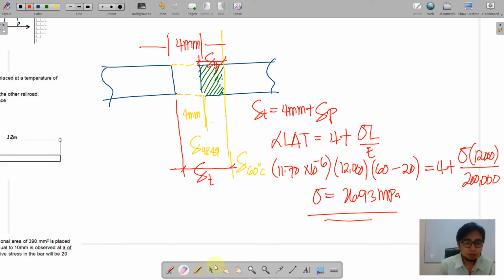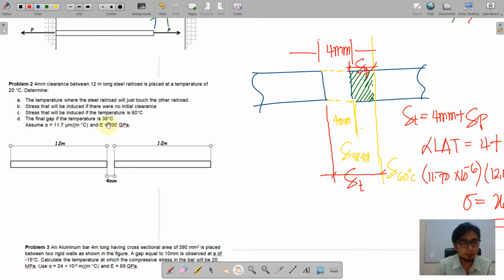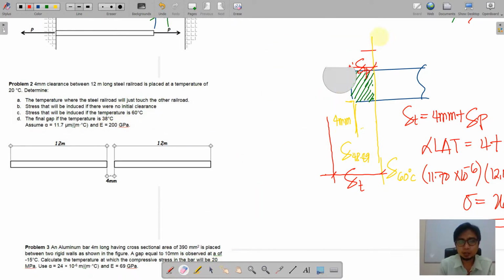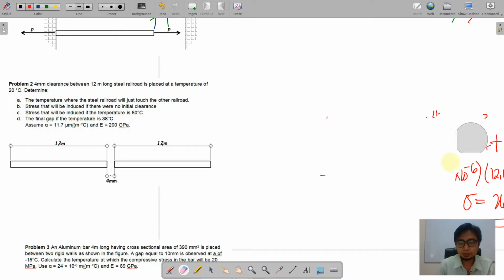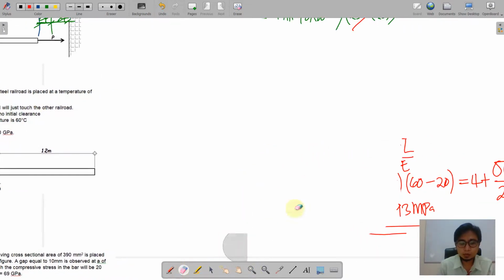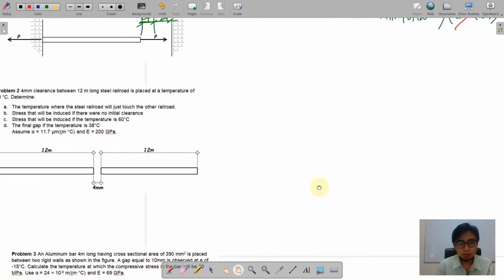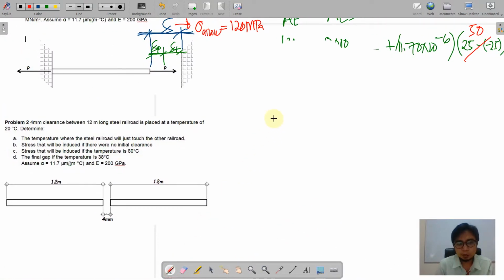Ano? Okay, so for next unknown, the final gap if the temperature is 38 degrees Celsius. Okay, so I'll just have to erase this. So again, we will have the zoomed view on these railings.